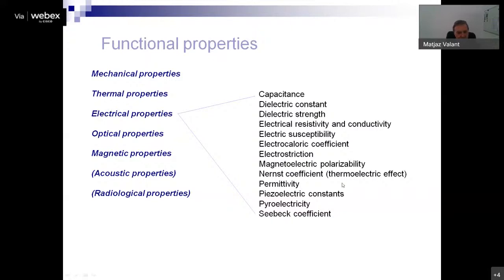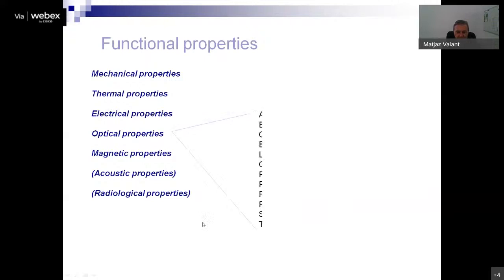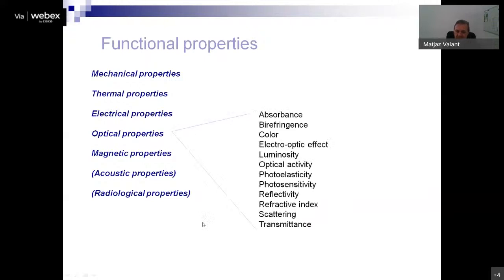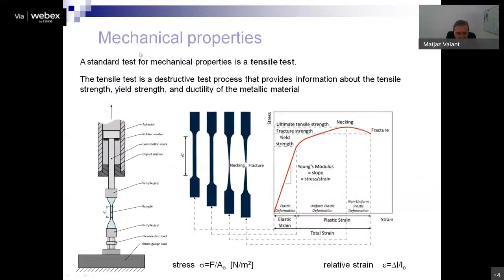And of course, we're going to cover a majority of this, but this is just for you to understand that when we are going into discussing one group, we are discussing again a variety of different properties within this group. For instance, optical properties, again, you see a lot of different properties, how light interacts with the matter. But now, okay, as I said, we're going to do mechanical properties.